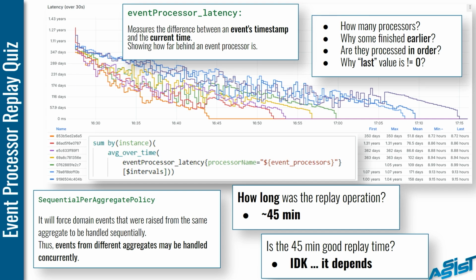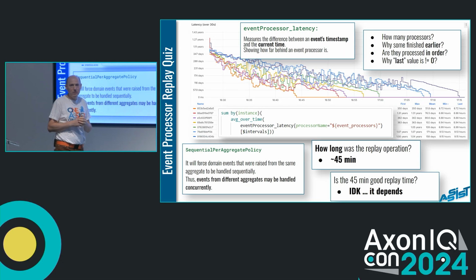Is it a problem? Well, it might be if your application is not well designed. But definitely, it's about how you configure your aggregate policy. If it is sequential per aggregate, it's all right, if you count on it. So just be careful about that and count on it. And if you parallelize a lot, you can gain lots of speed.